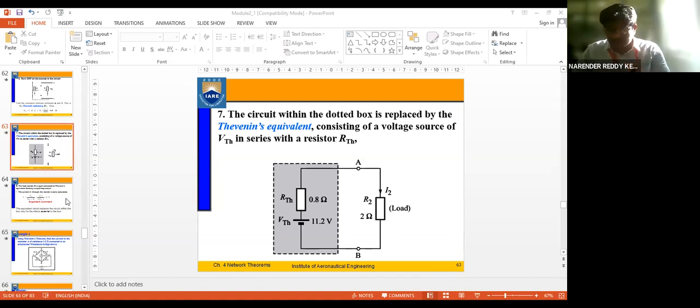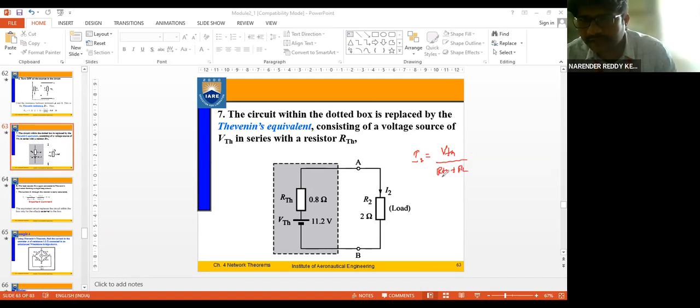So now I think we can find the value of I2. What's the equation you can write for I2 here? I2 is equal to VTH by total resistance. What is the total resistance? RTH plus RL.